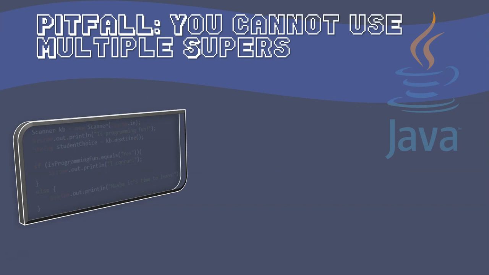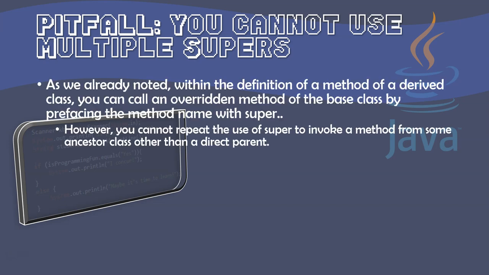Now, one pitfall to be aware of is that we cannot use multiple supers. You can't do a super.super, as we're going to look at right here. Because in the definition of a method of a derived class, when we call an overridden method using super, we can't repeat the use of super to invoke a method from some ancestor class other than a direct parent.